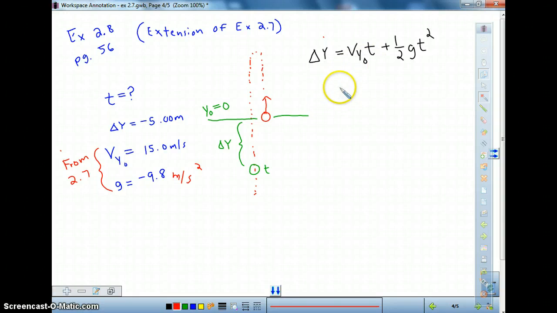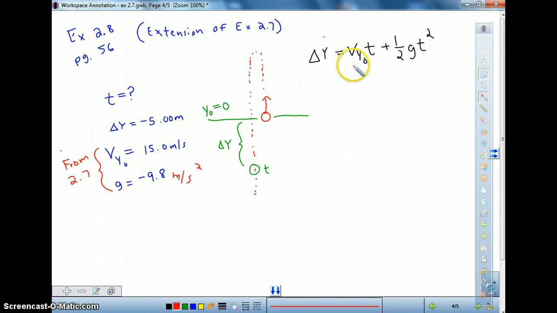We notice that t is my unknown, and vy initial was not 0. So this t doesn't wipe out like in some problems when we dropped the object. We have a t to the first power and a t to the second power, and we can't exactly isolate one of those. We easily could if this side was equal to 0, but delta y is not.